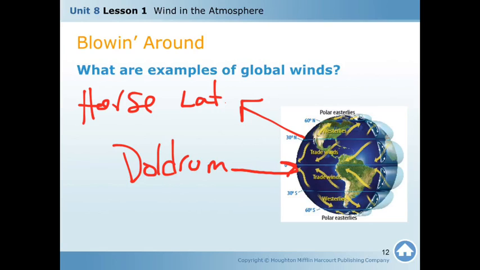And the 30 degree line right between the westerlies and the trade winds, we're going to call that the horse latitudes. The horse latitudes. And that's going to be on the top and the bottom. So right between the westerlies and the trades on both sides, that's going to be called the horse latitudes.